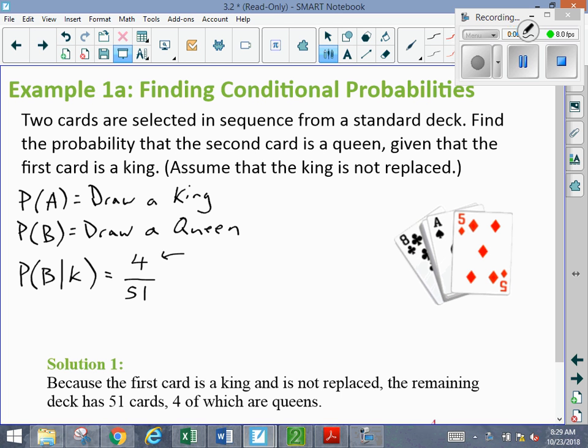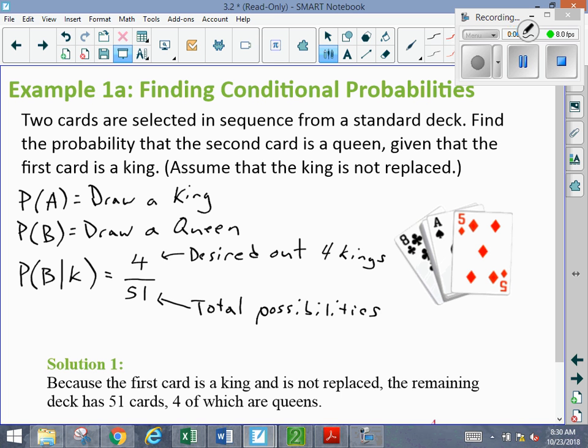This is our desired outcomes, which are the 4 kings left in the deck, and over here, these are our total outcomes, our total possibilities. Why is it 51? Because a king is missing.